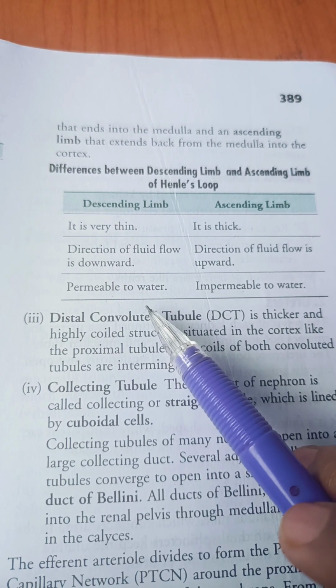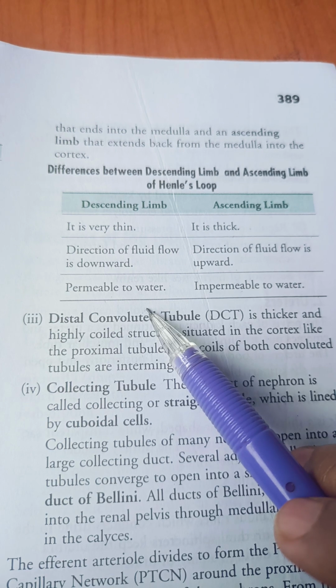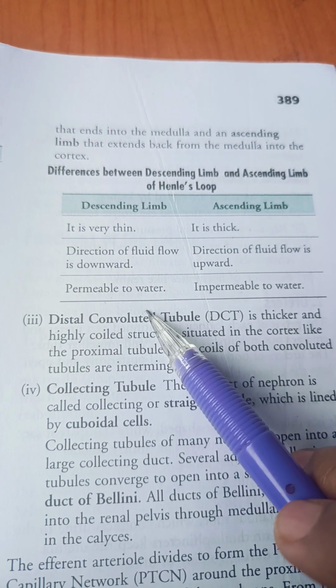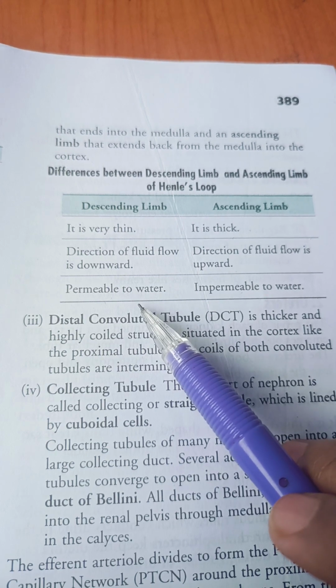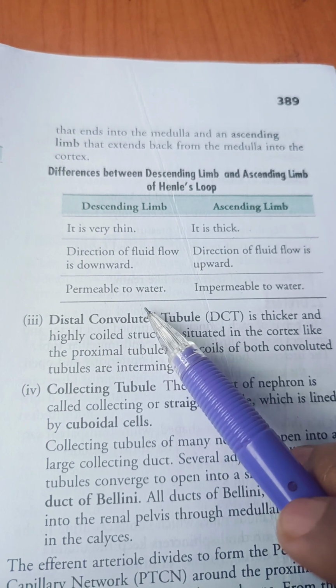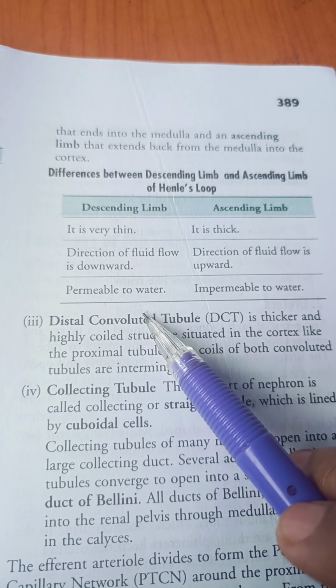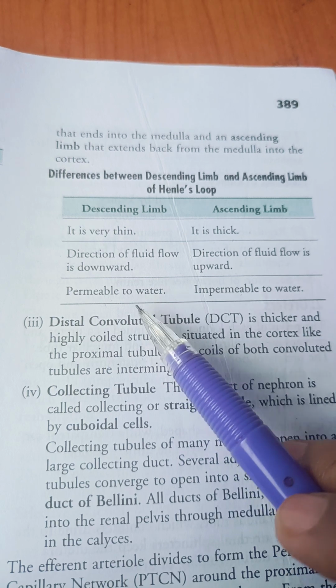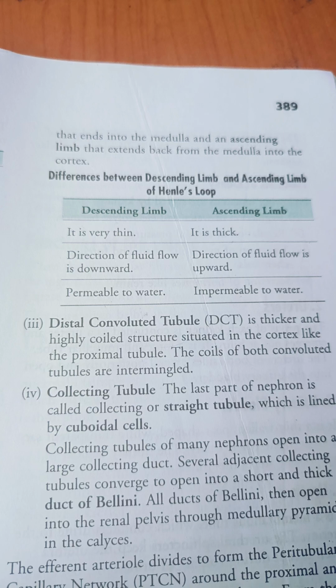Because they have to absorb nutrients or electrolytes which are necessary. The filtrate which has come in from the glomerulus is again reabsorbed. That means the necessary electrolytes are reabsorbed, and then it is sent to the collecting duct.